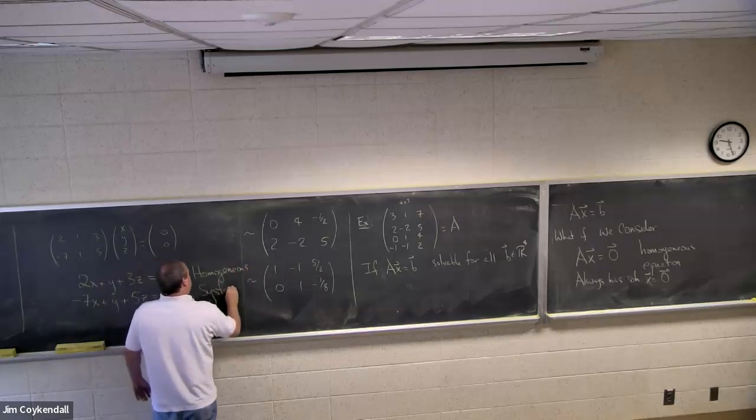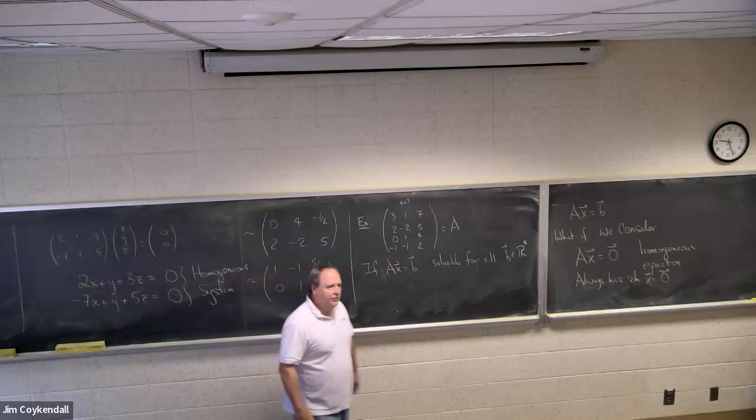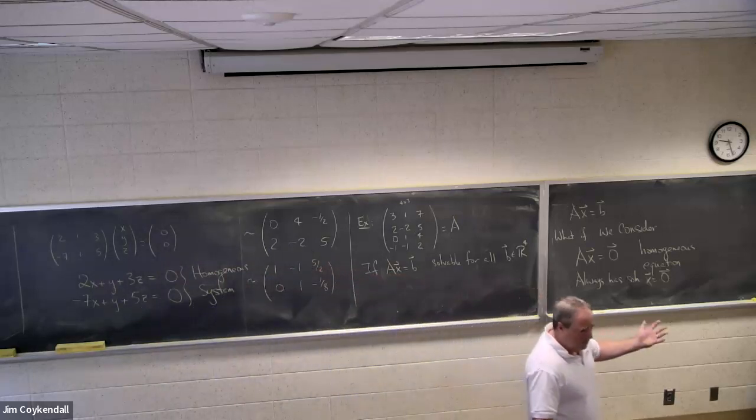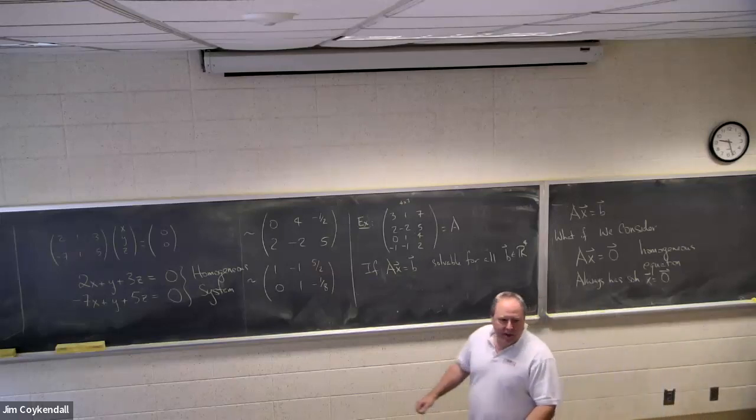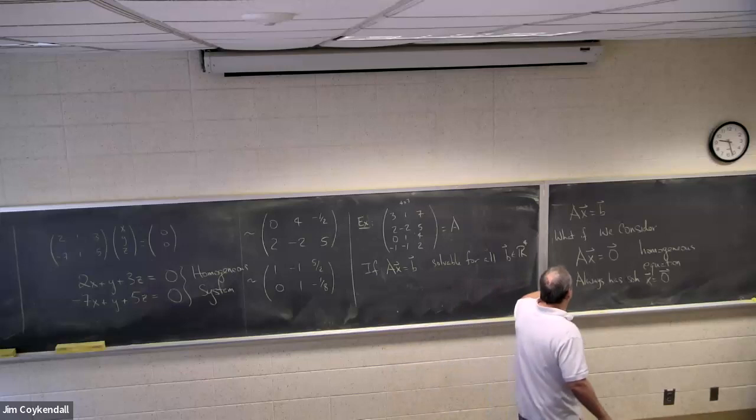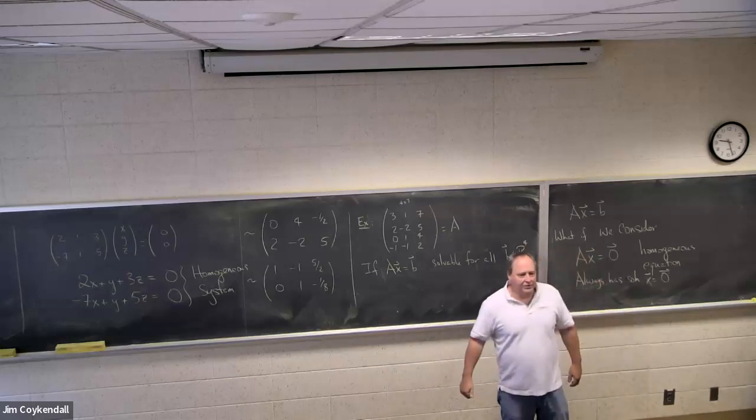Is it pretty obvious to you all that if you let x and y and z all be 0, it balances both those equations, right? Homogeneous is cool because you've always got the trivial, the 0 solution, for sure. And of course, these are also linear equations.